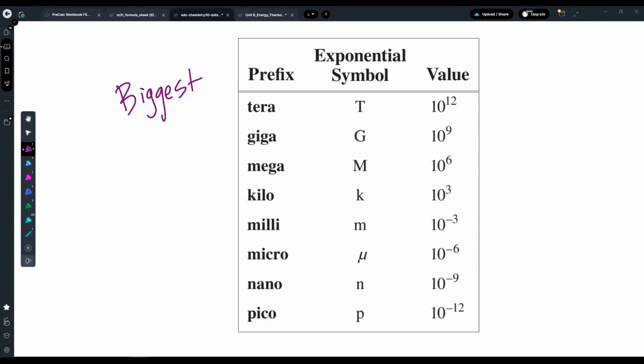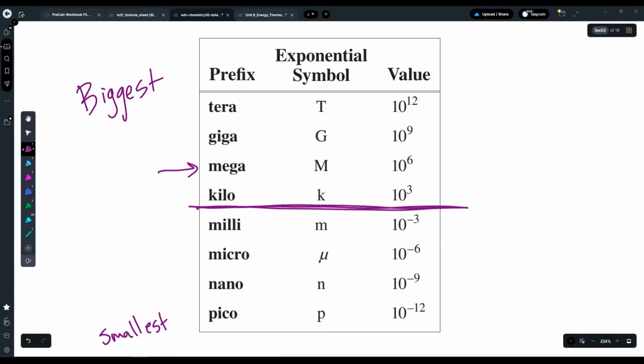So tera in this list is the biggest prefix, whereas pico is going to be the smallest prefix that they mention. Since mega is here, if you're wondering where joules would be, it would be in between here. Joules is one of your base units, and the base units happen between kilo and milli.